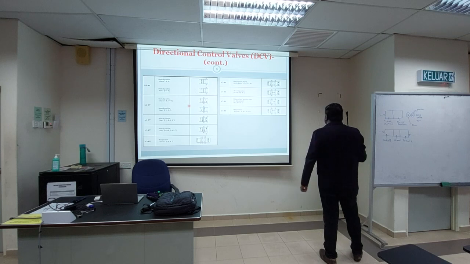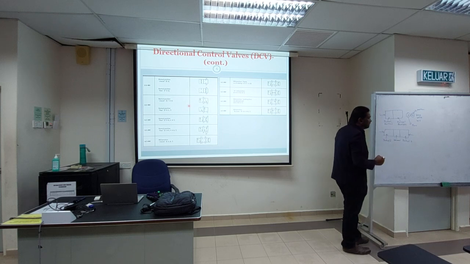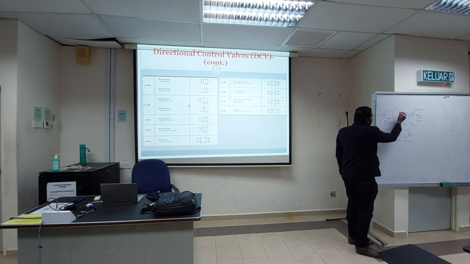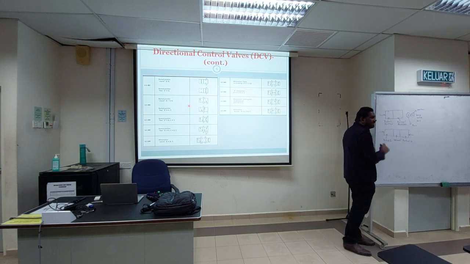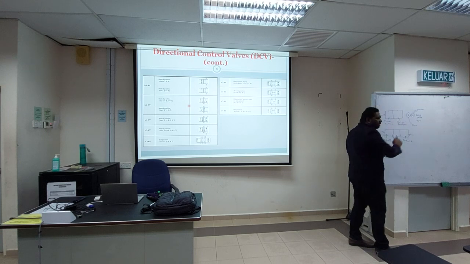So you boleh tengok dekat sini. So yang ni adalah port. So kalau dekat sini ada dua port, dekat sini pun kena ada dua port. Tak boleh ada tiga port. Sebab dia benda yang sama, just position berlainan. So 2/2. Kenapa yang ni 2/2?